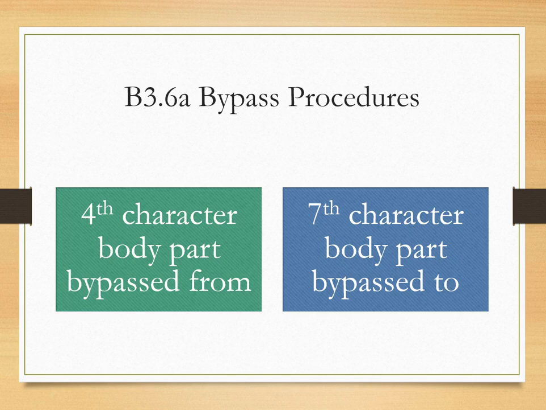So for non-coronary bypass procedures, they are coded by identifying the body part bypassed from, represented by the fourth character, and the body part bypassed to, represented by the seventh character. For example, if the patient has a bypass from the stomach to the jejunum, stomach is the body part, fourth character, body part bypassed from, and the jejunum is the seventh character, the body part that is bypassed to.